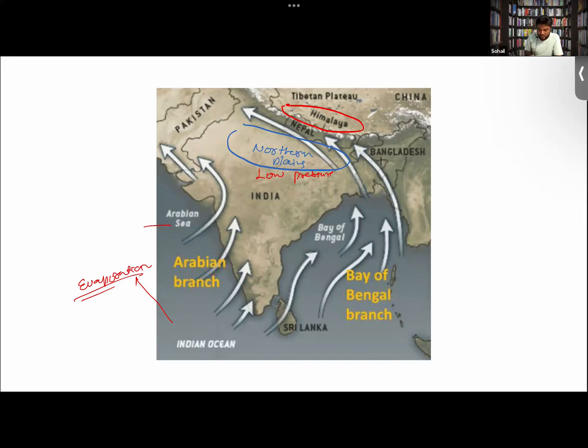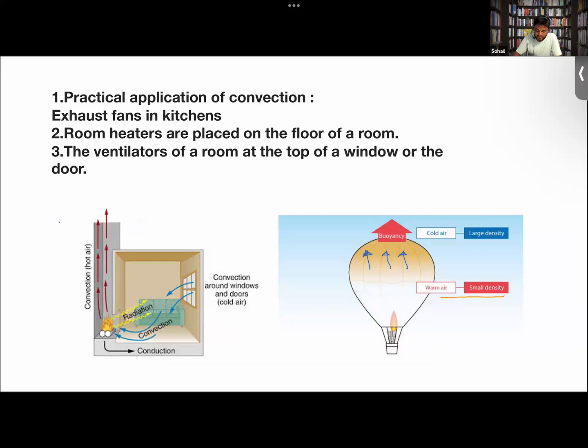We also call them monsoon winds. Why do we call them monsoon winds? Because when they come towards the land side, towards the northern plains of India especially, it leads to precipitation. Rainfall takes place here. So the monsoon in India is also due to convection currents. Hope that is clear to both of you.